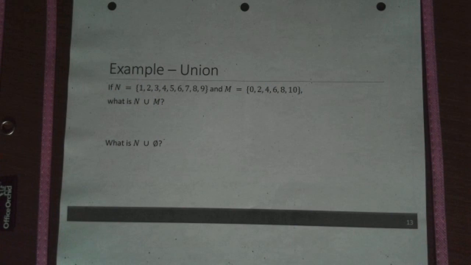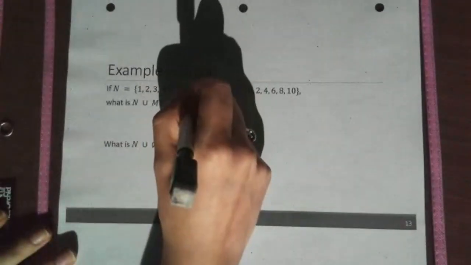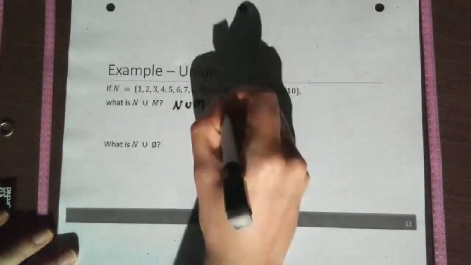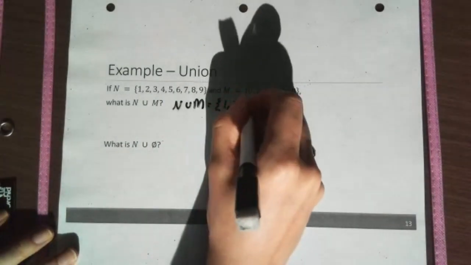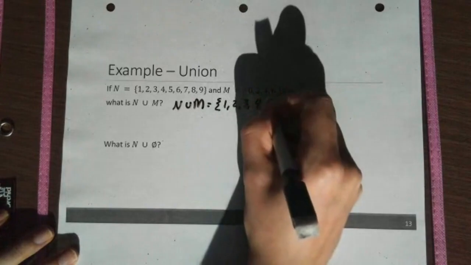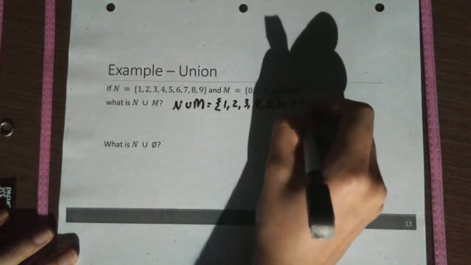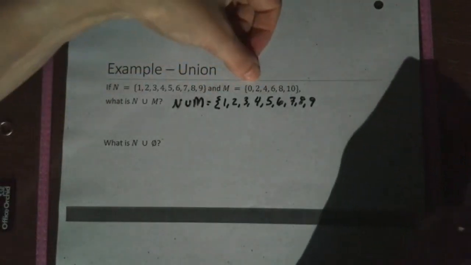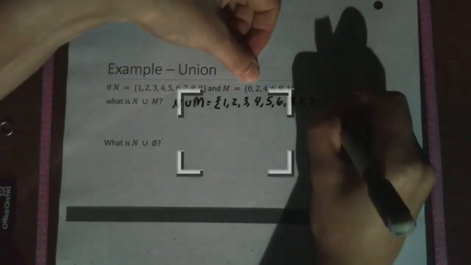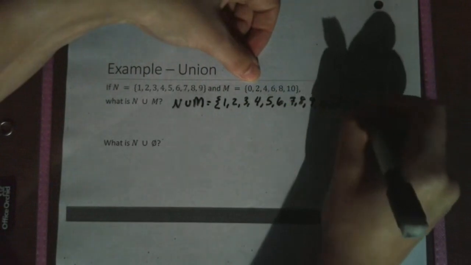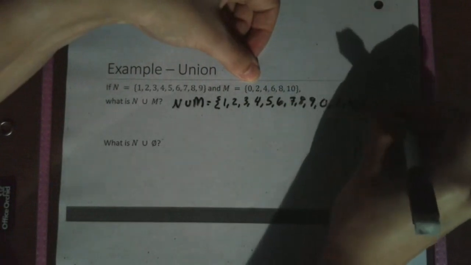We want to find N union M. So what we're going to do is list everything from N and everything from M. So N union M will be the set that contains 1, 2, 3, 4, 5, 6, 7, 8, 9. Those all come from N. And then we want to tack on everything from M, which would be 0, 2, 4, 6, 8, and 10.